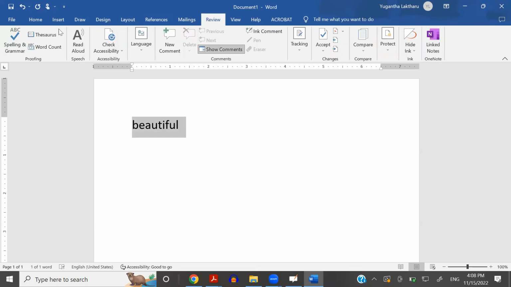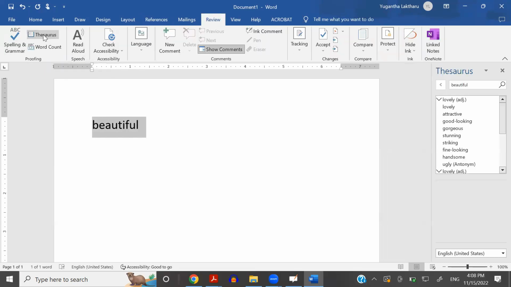Review. Yeah, in review, you can go for the facility called thesaurus. So in thesaurus, it shows you what are the synonyms and antonyms over here. See? So that is why thesaurus is there.